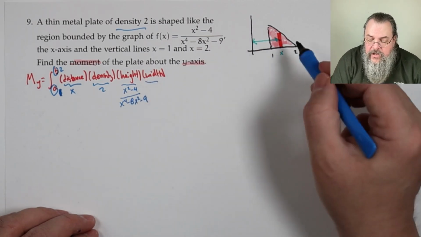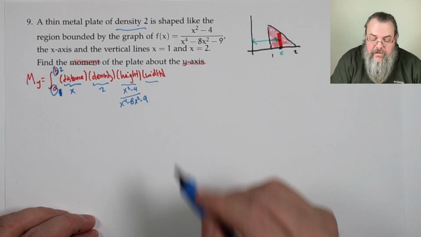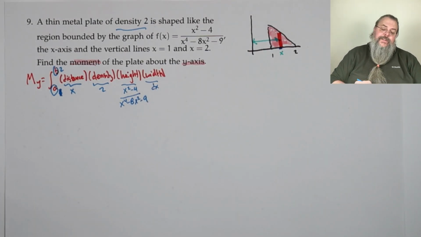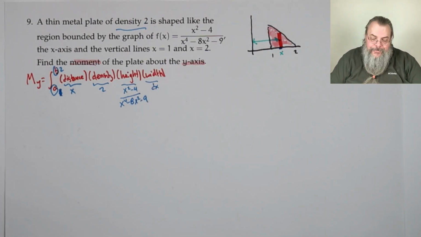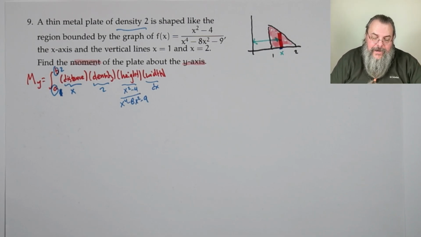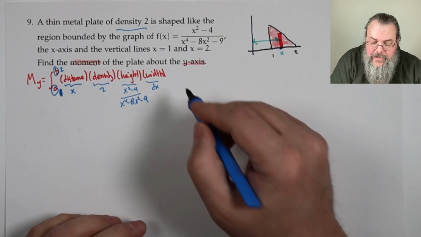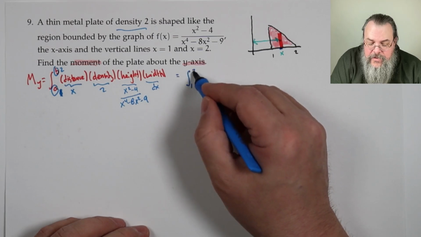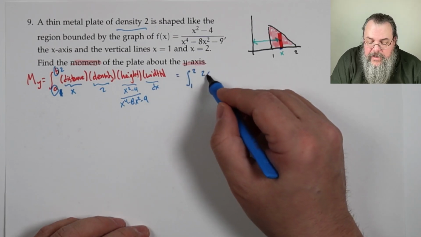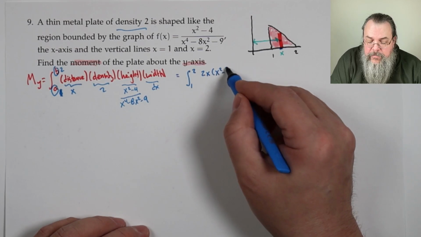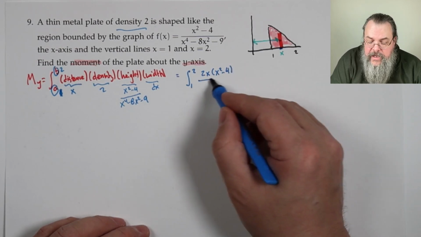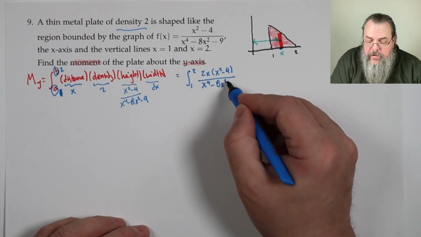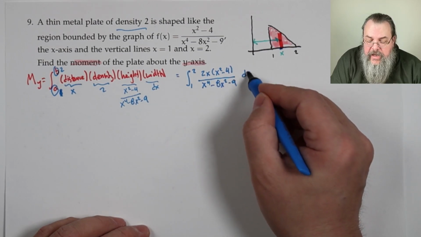And then the width is this little tiny piece, dx. All right. So there we go. Well, if we clean this up, this becomes the integral from 1 to 2 of 2x times x squared minus 4 divided by x to the fourth minus 8x squared minus 9 dx.